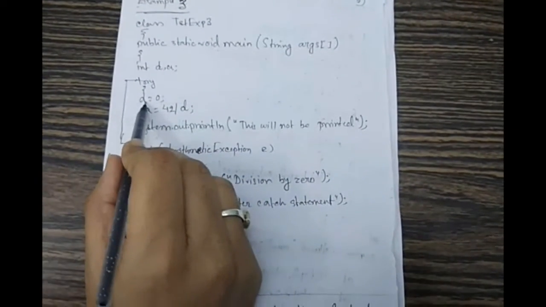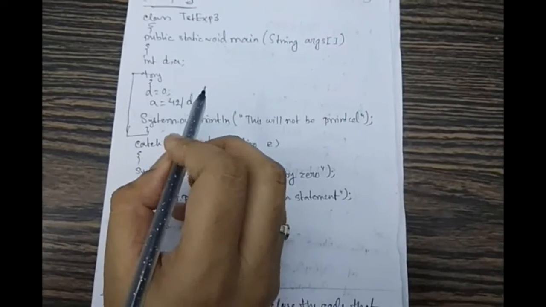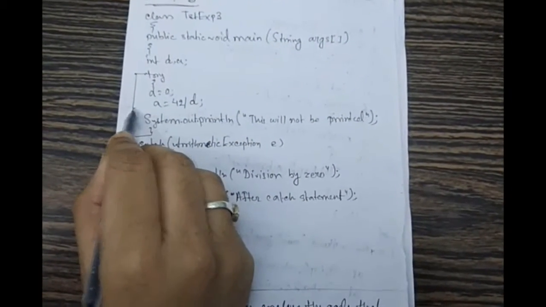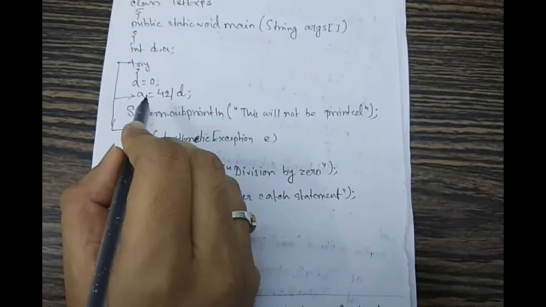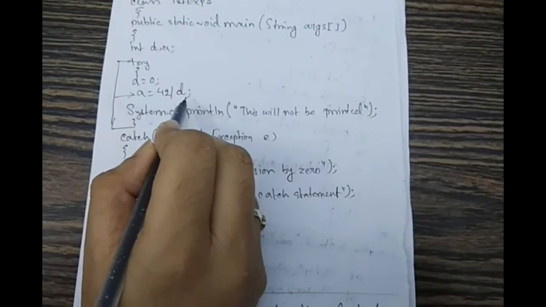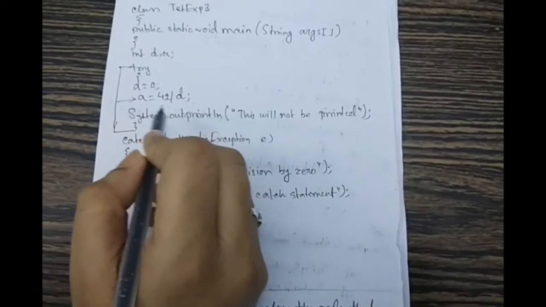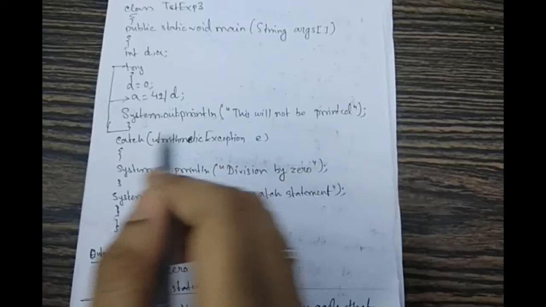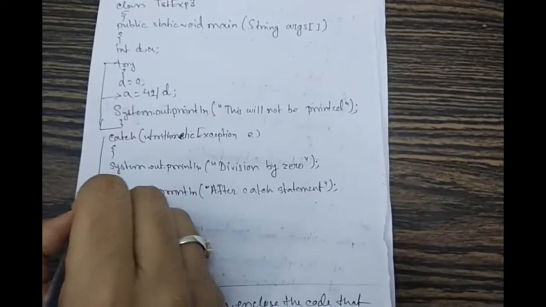So we initialize d equal to 0 and a equal to 42 by d. Now you think that this statement will cause the division by 0 error and it will be an arithmetic exception.